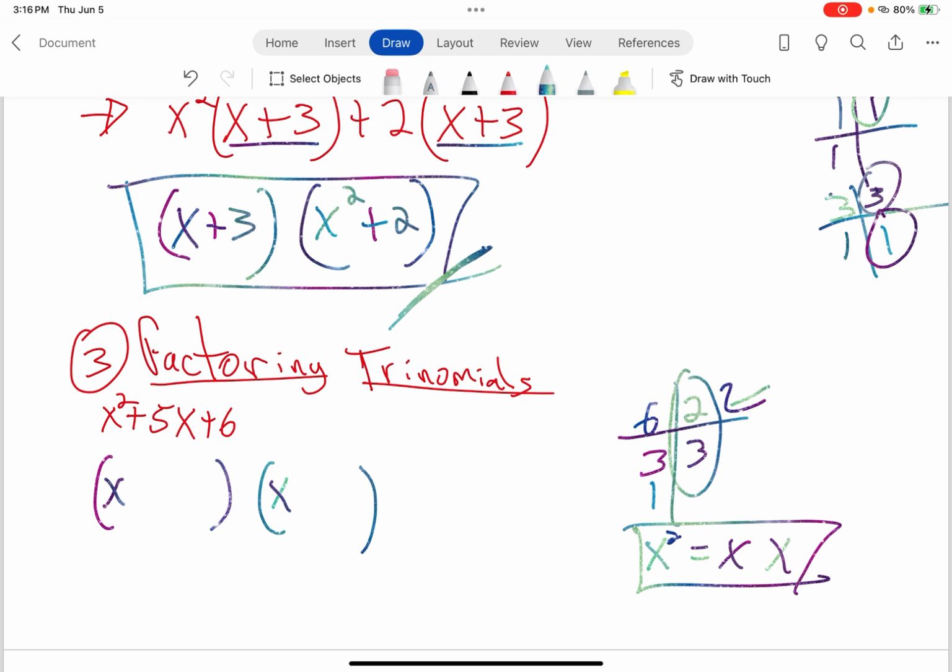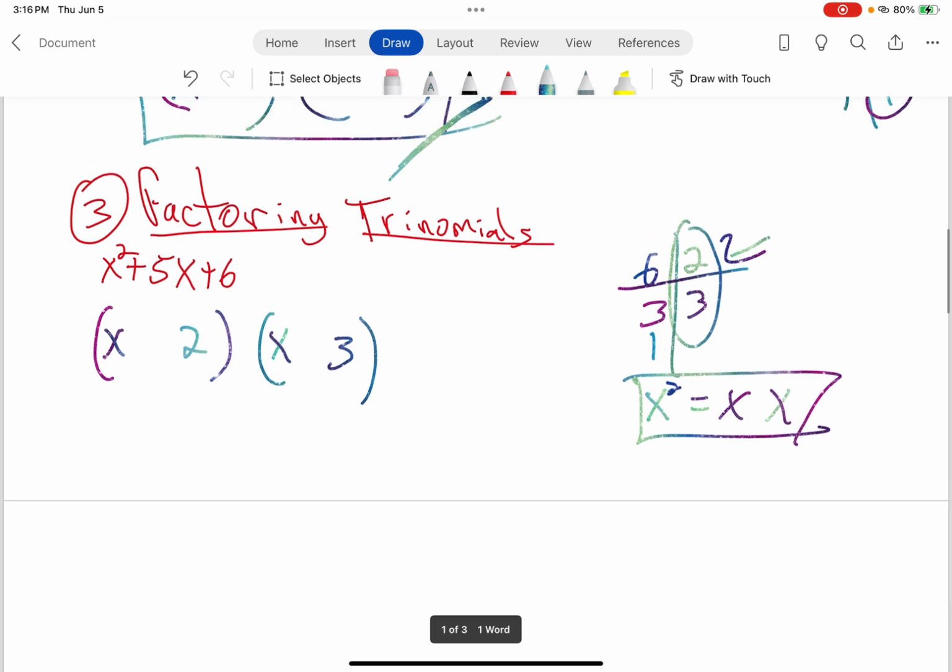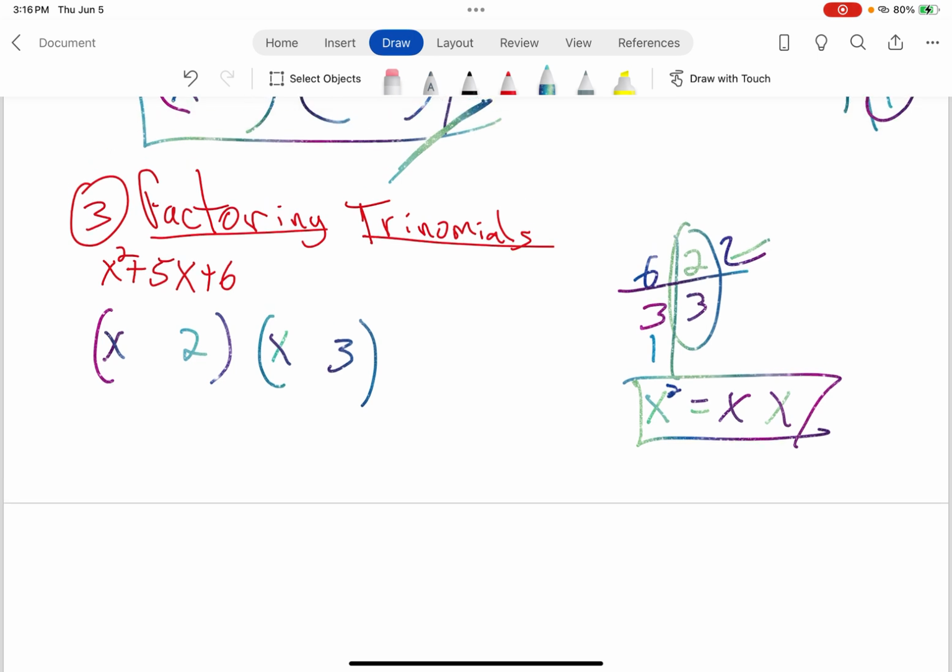Since those two numbers are working, I need to plug them in. Now, let me see which sign will work. The signs are very important. The 5 in front is positive, so you need to get a positive 5 when you add those two numbers.